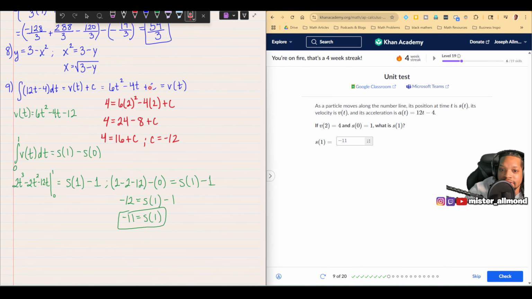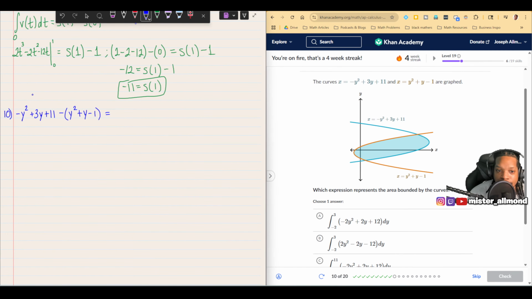And then we simplify that. Whatever that simplified version comes down to, that should be my answer. So already I'm thinking it's A. Because look, I got a negative y squared minus a y squared. That's negative 2y squared. And A is the answer choice with a negative 2y squared. But if I were to keep going, I got a 3y minus a y, which is a plus 2y.